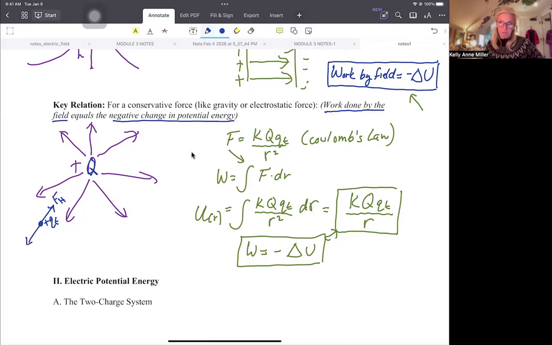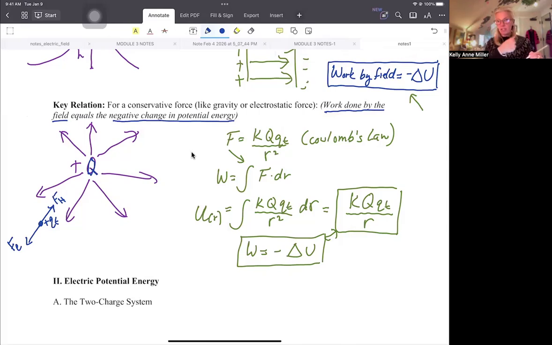If I were to draw a free body diagram of this charge, the electric field is pushing the charge in this direction, away from the big charge because they're both positively charged, right? So the electric field is pushing on the charge. I'm pushing it with my hand, against the electric field.